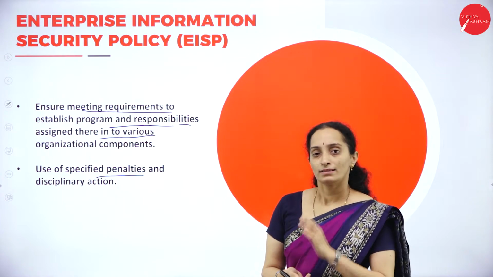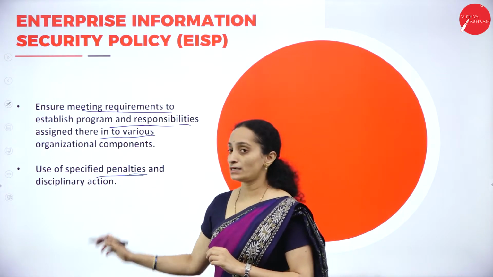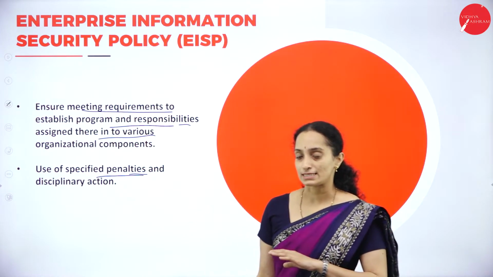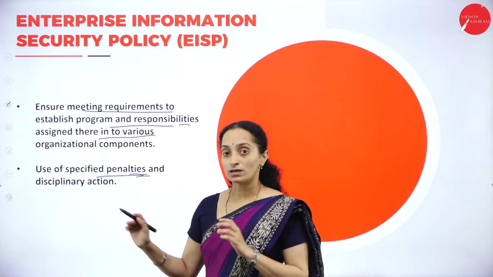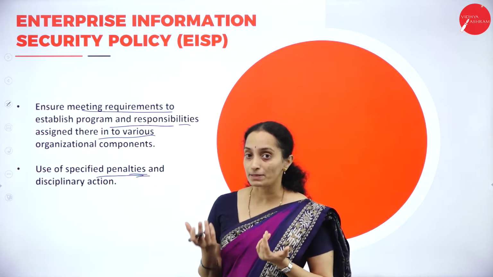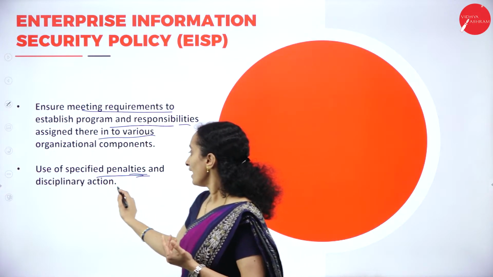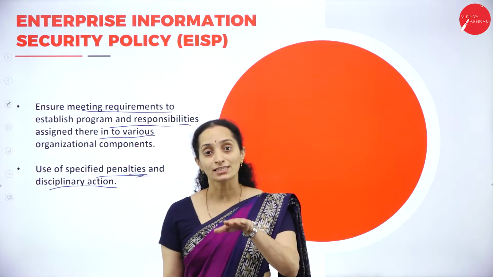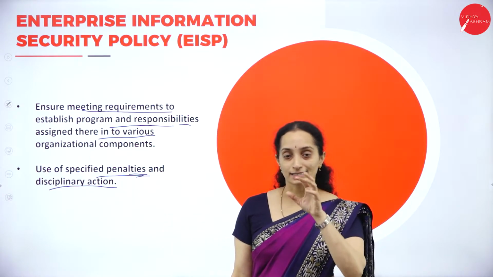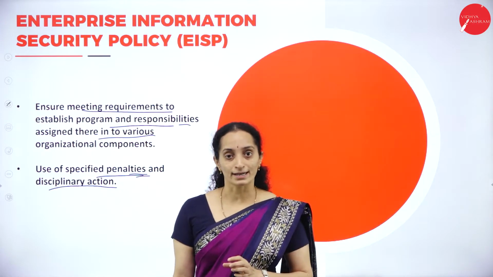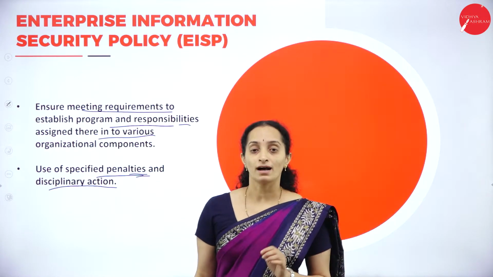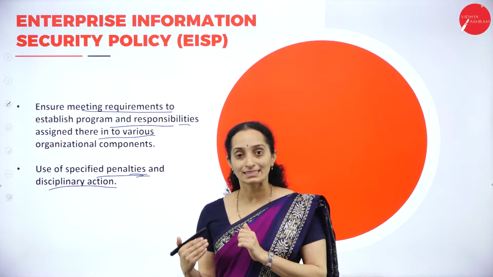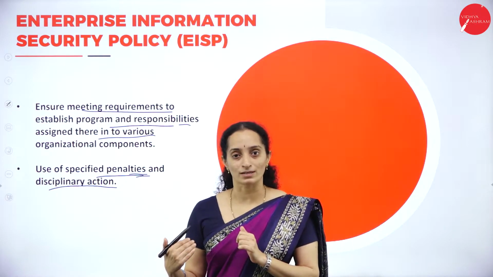Along with that, they need to have specific penalties. If there is any breach of security by a person within or outside the organization, what punishments and penalties will be carried out on that person, and what disciplinary actions can be taken for which kind of breach? Whether he has accessed critical, non-critical or confidential data, how many layers of data he has accessed, and what is his designation, at what level he is in the organization.